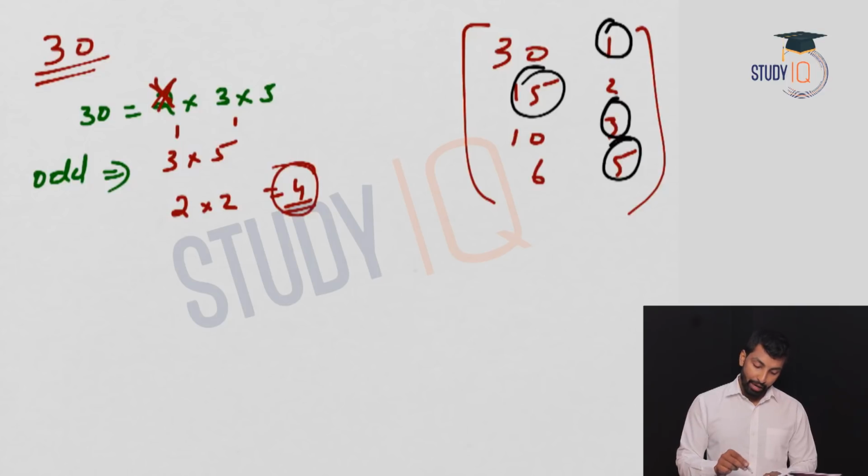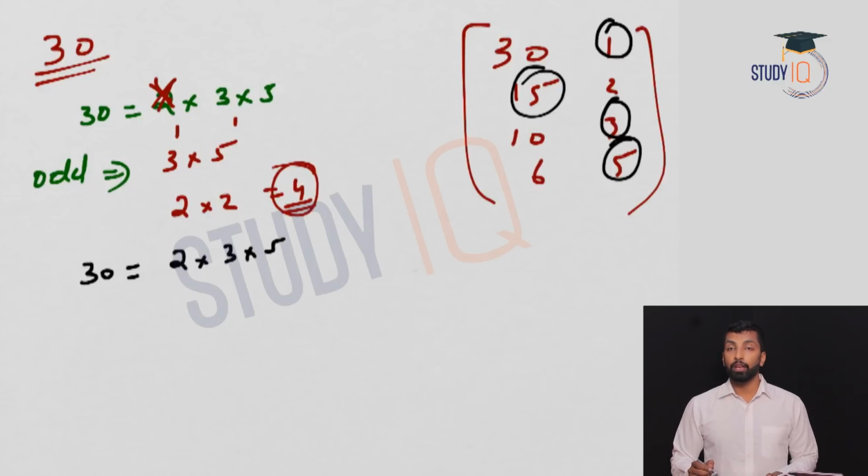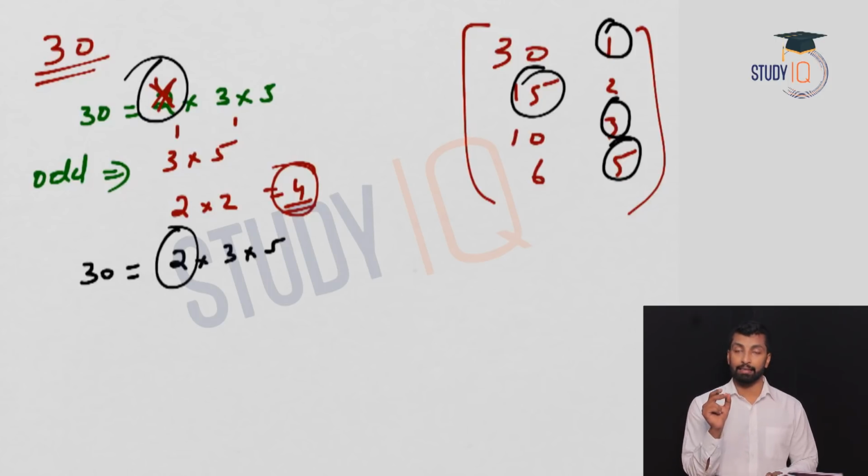But the other way in which you can find it: 30 you write prime factorized as 2 into 3 into 5. Now, you need to apply the formula of number of factors. But this 2 is what is making the change in both cases. So in case of number of odd factors, you remove 2. In case of number of even factors, when you're applying the formula, all these powers are 1, 1, 1.